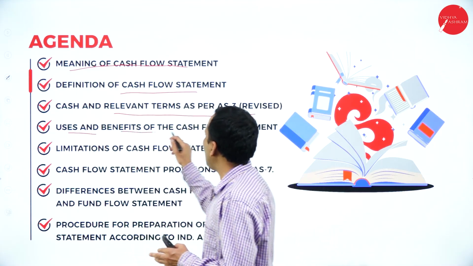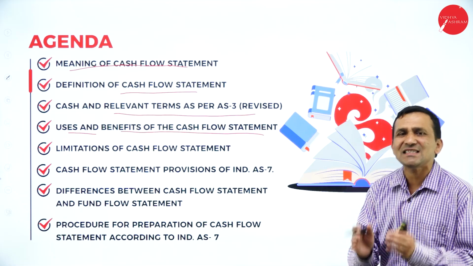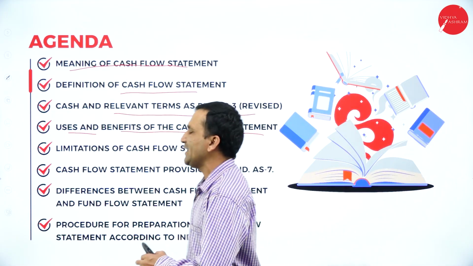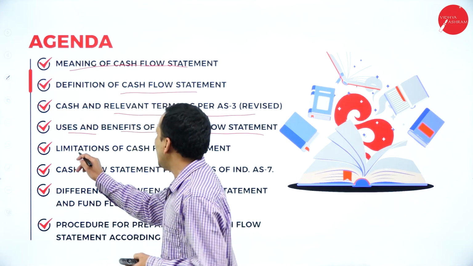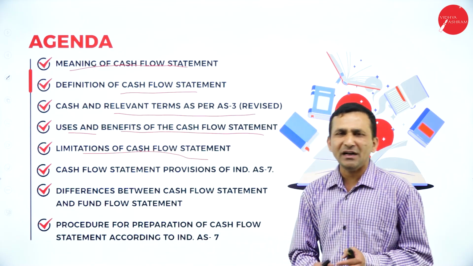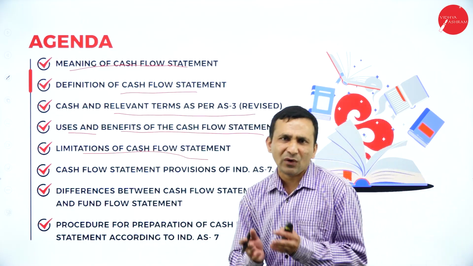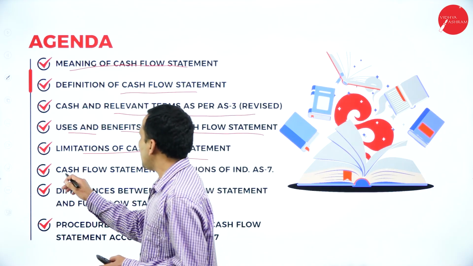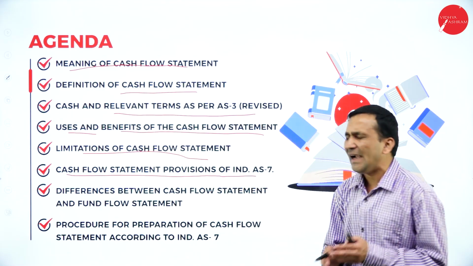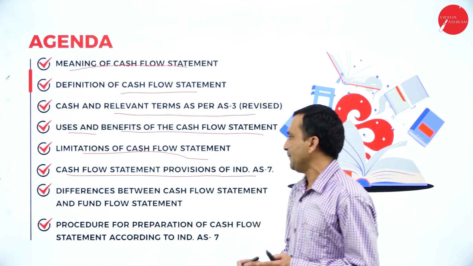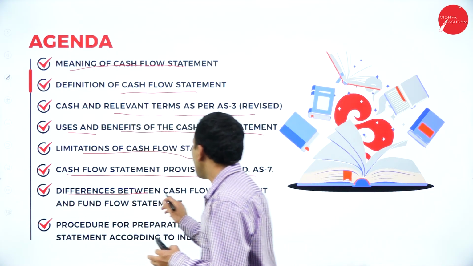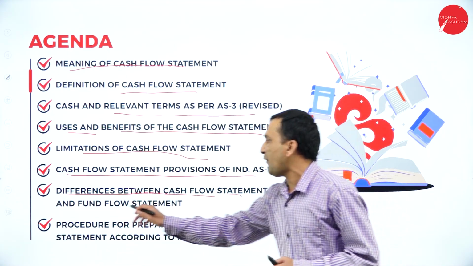The use and benefit of the cash flow statement, where exactly they are using it, the usage or application part. The limitations of the cash flow statement, what limitations or disadvantages we find here, and the cash flow statement provisions under Indian Accounting Standard 7. Now, the difference between cash flow statement and fund flow statement.